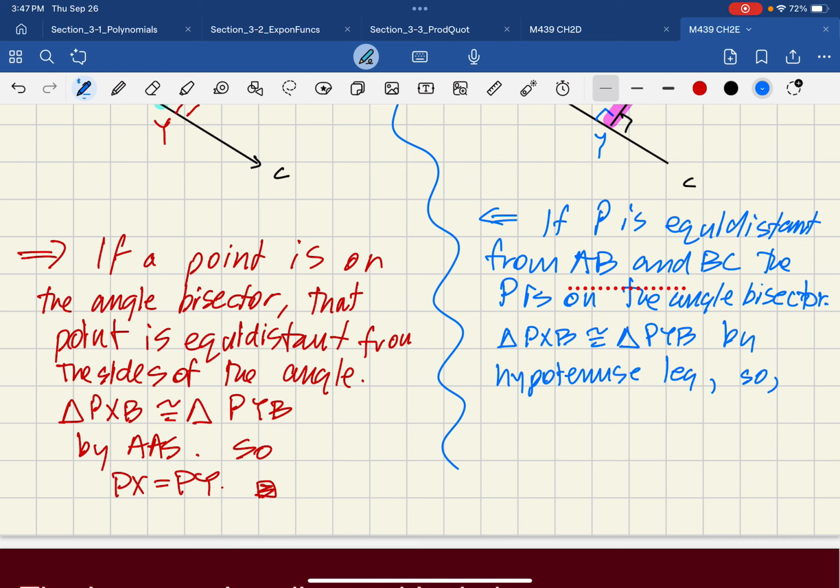So angle XBP, not congruent but equal to angle YBP.